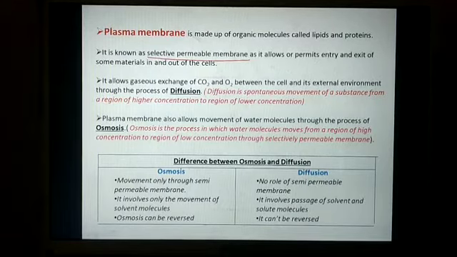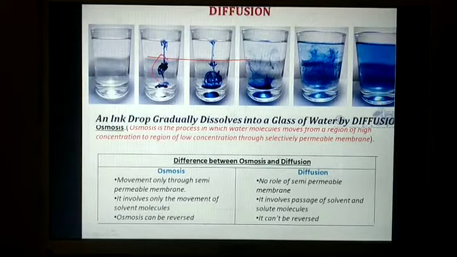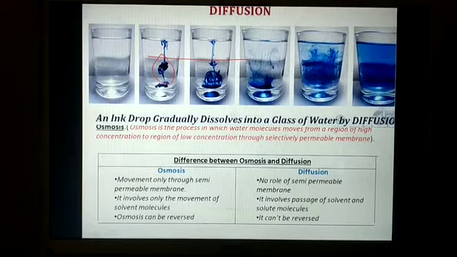Now to explain it more clearly, I will give you a very simple example for diffusion. Let's say you drop ink in a glass of water. So what will you see then? You will see that slowly it gets mixed with water, and after a certain time you will see that the whole water gets blue.